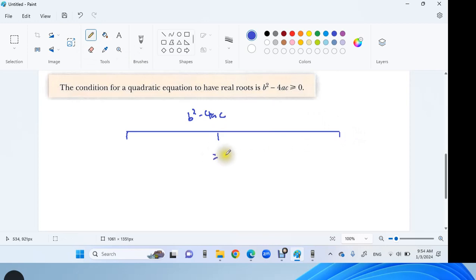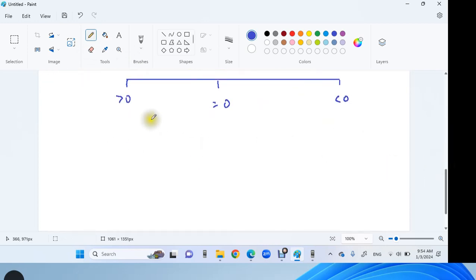For greater than 0, we have two real and distinct roots. For equal to 0, two real and equal roots. And for less than 0, no real roots.